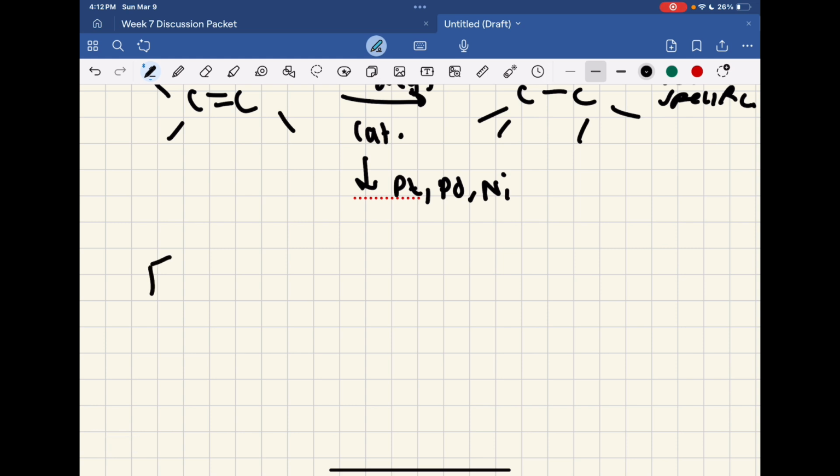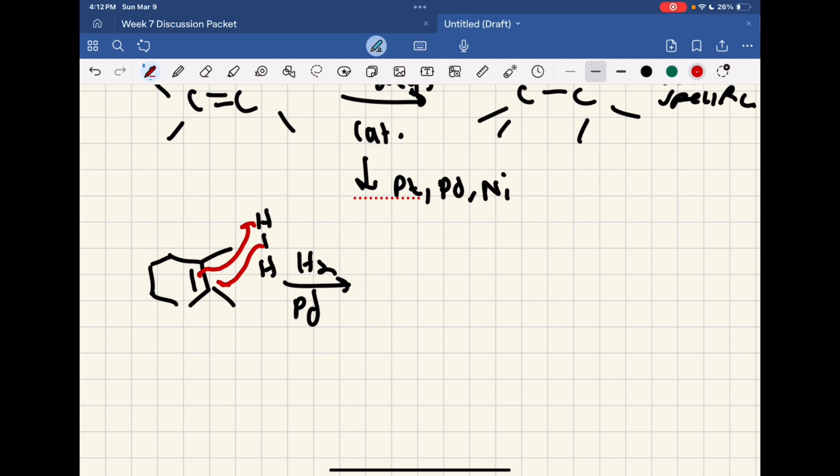Example of this. If we had a structure that looks like this, H2 and palladium, basically what happens is the H's add in such a way that the nucleophile grabs the proton, and this sigma bond density comes back at the same time.